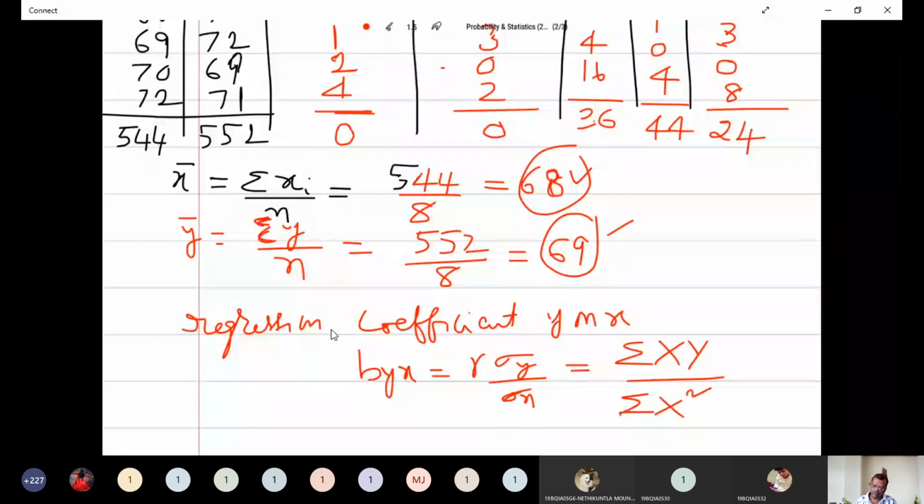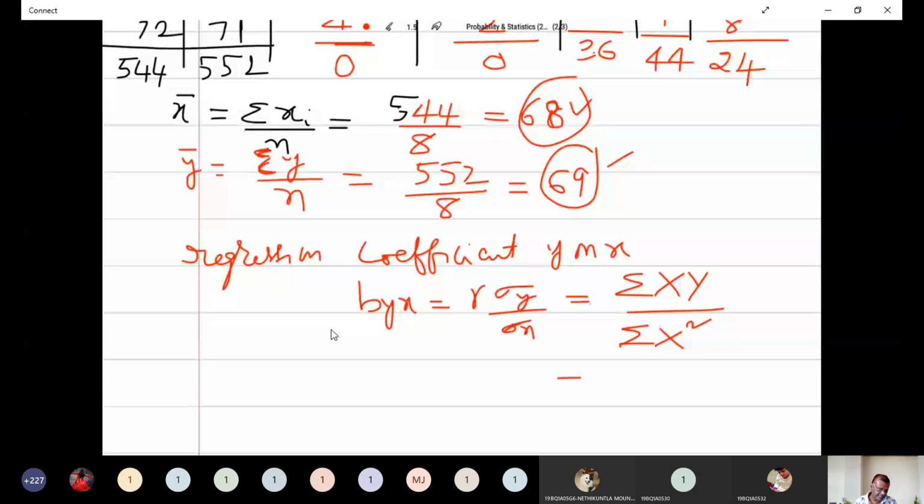Is it right? Y on x. Now we substitute the values: summation capital XY is equal to 24 divided by summation capital X square is equal to 36. That is 0.66.